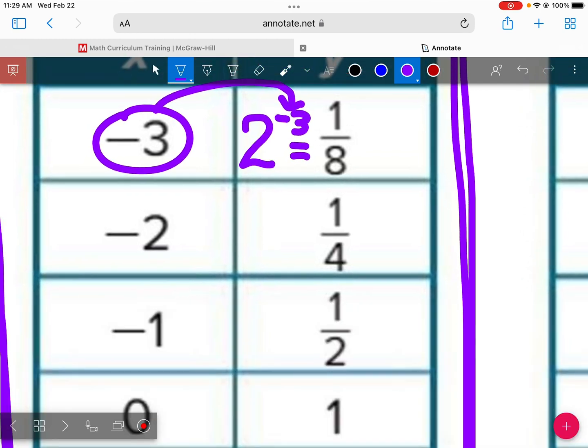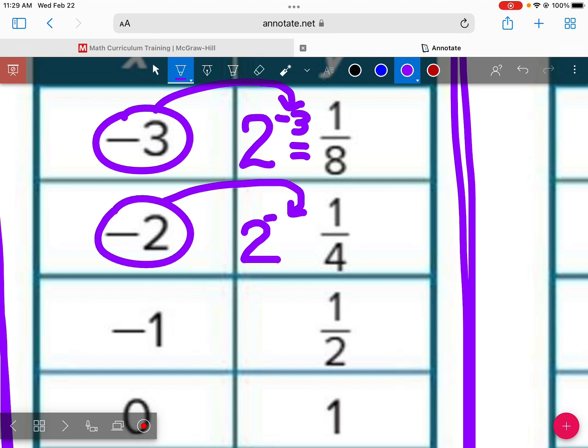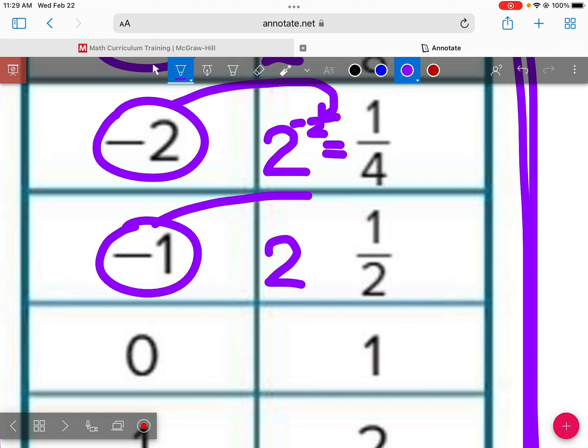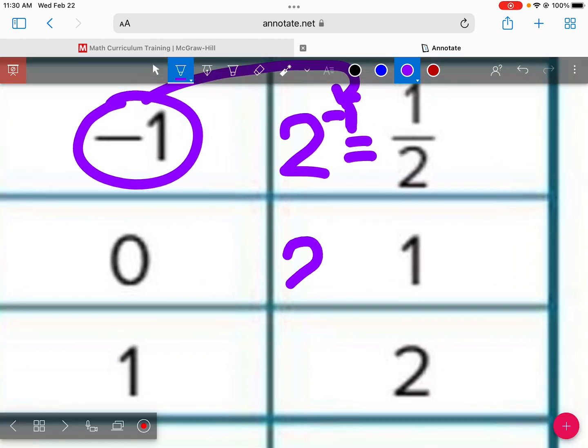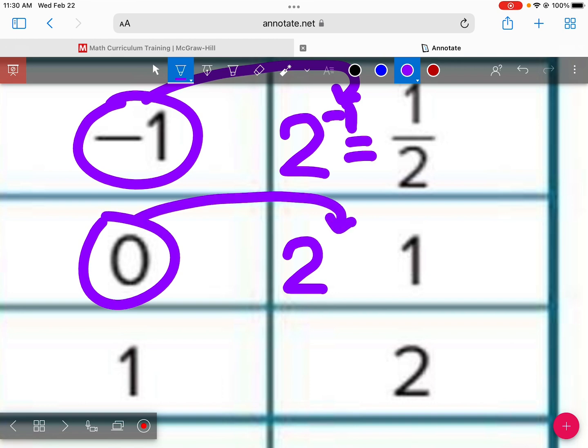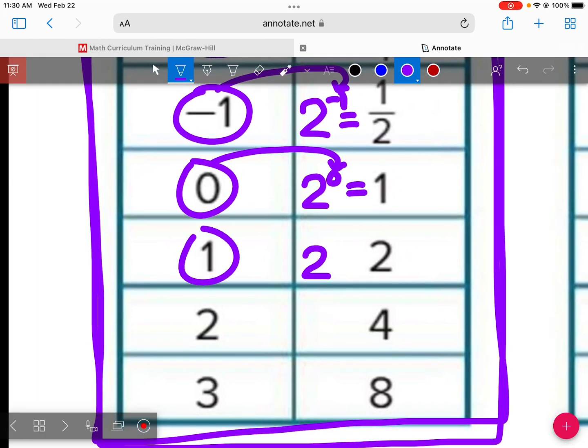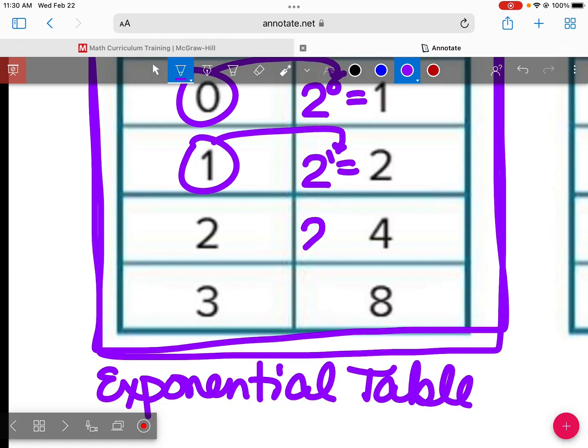And then to get the next one, we take the same base to the power of the next x, which was negative 2, and that's how we get 1/4. Take our base to the power of the next x, which was negative 1, and that's how we get 1/2. Take our base to the power of the next x, which was 0. 2 to the 0 power is 1. Base to the power of whatever x we have over here is how we're getting our y values.